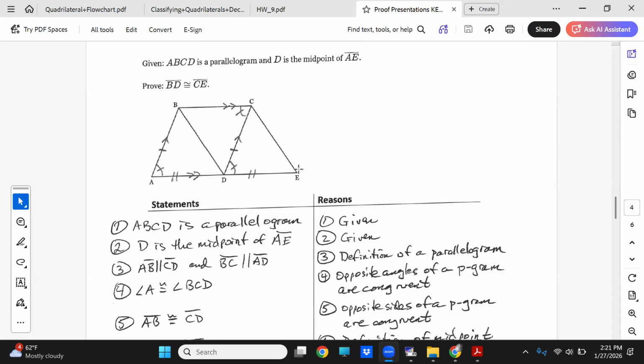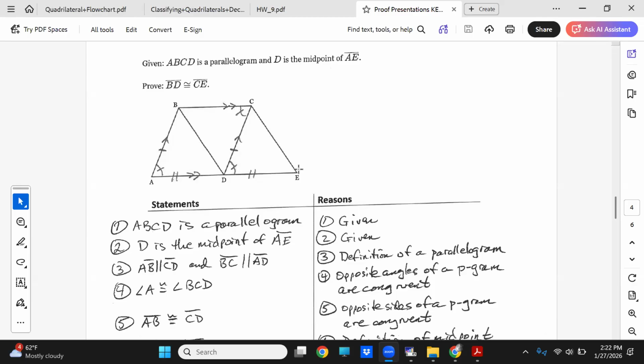Okay. So I came with a proof pyramid. And basically we were given that ABCD is a parallelogram and D is the midpoint of AE.